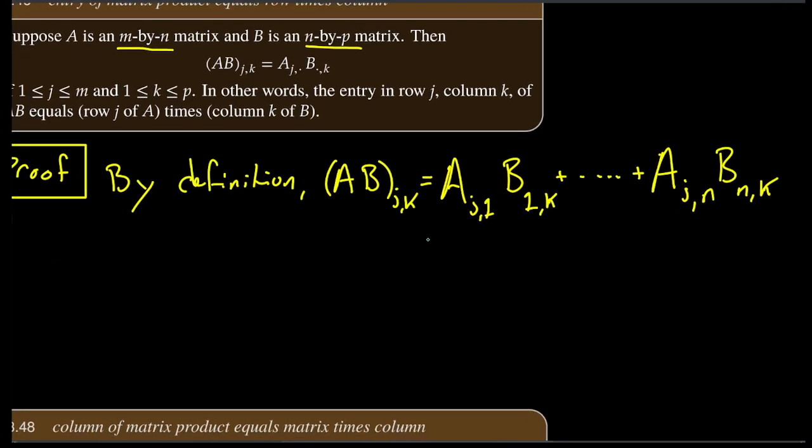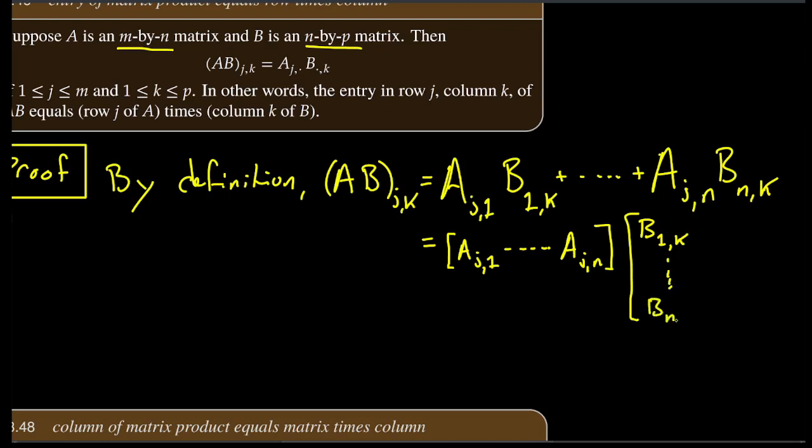But notice now that this is just, and I will write it out really quick, aj1 through ajn, that long vector, times this one, b1k all the way down through bnk.